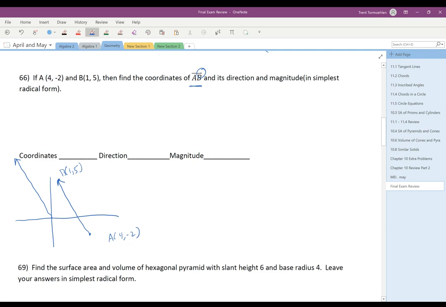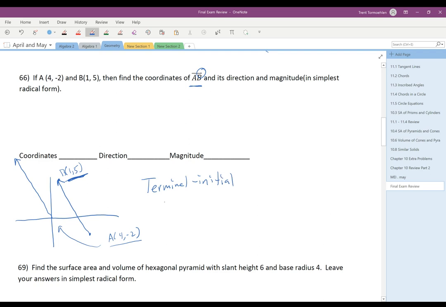And the way we think about that is, what do I need to do to the coordinates of A to shift it over? Well, I need to subtract them. 4 minus 4 gives me the 0 of the x coordinate, and then -2 minus -2 gives me the 0 of the y coordinate. So the way that we learn about that is we take the terminal point, that is the endpoint, and subtract from it the initial point, and that gives you the coordinates.